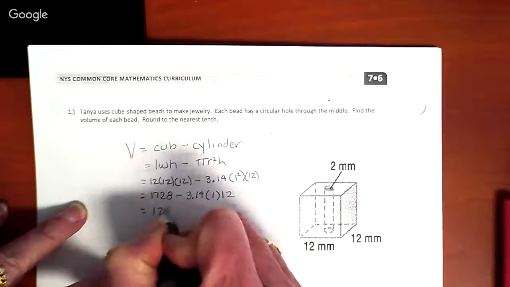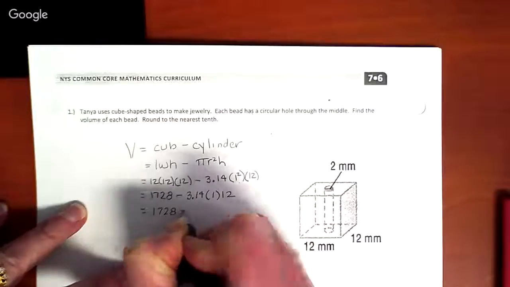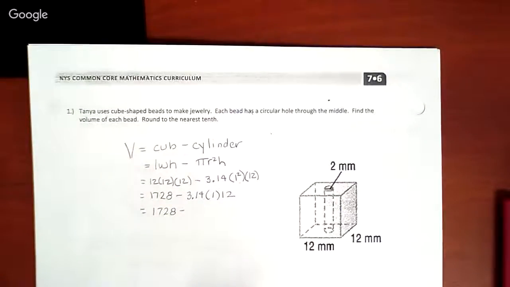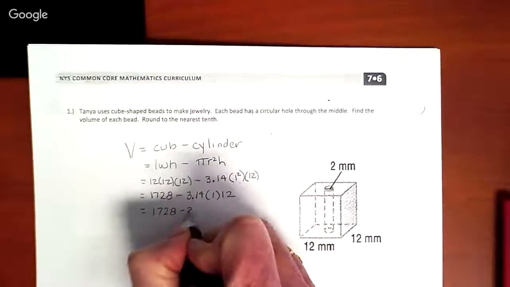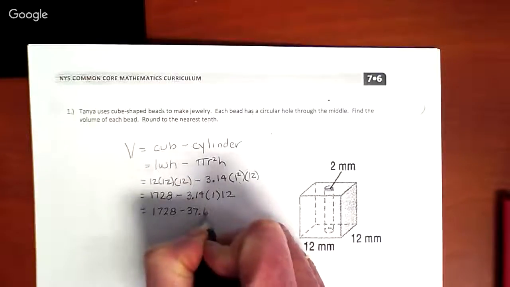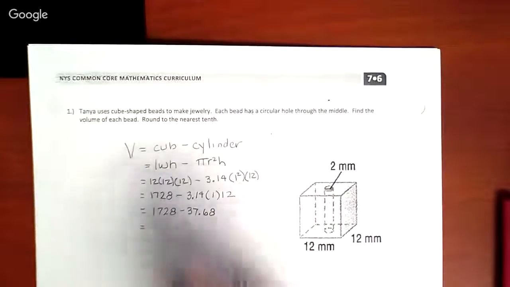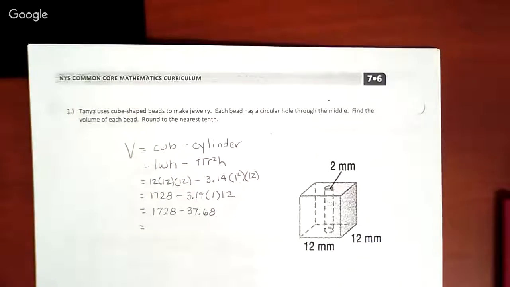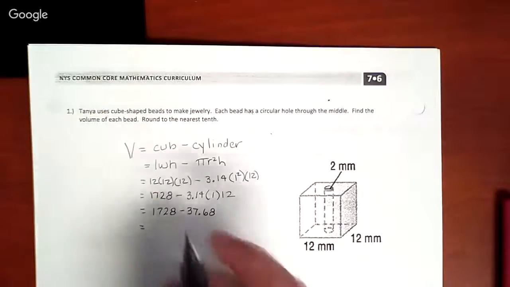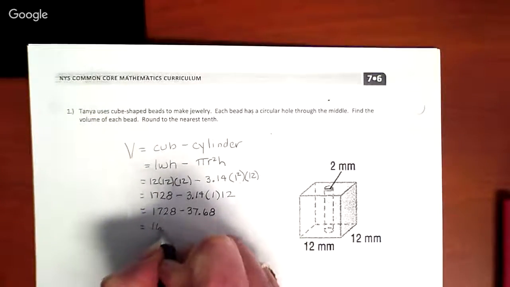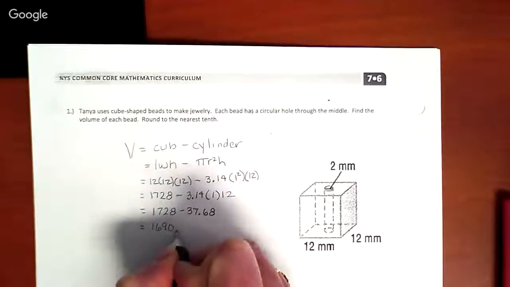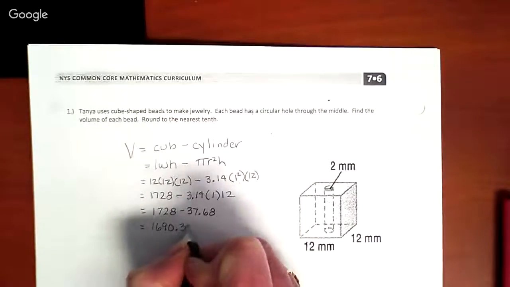So 1728 minus 3.14 times 12, which is 37.68. So subtracting both of those, we have 1728 minus 37.68, which will give us 1,690.32.